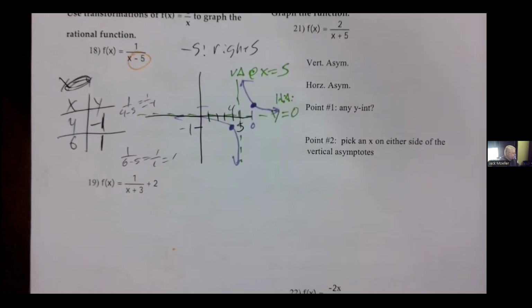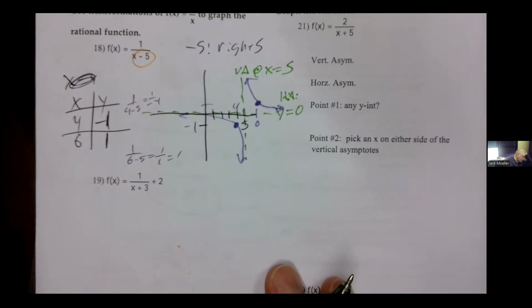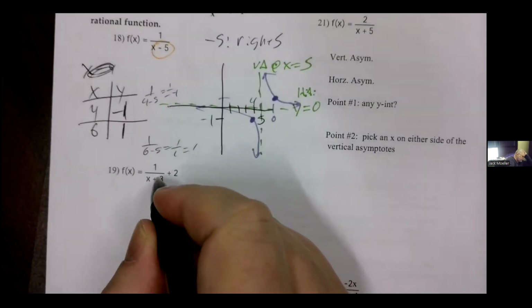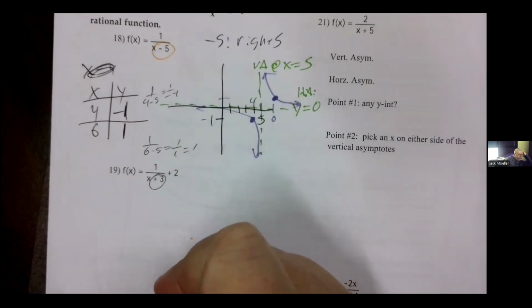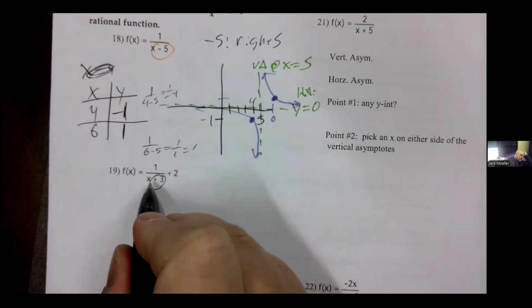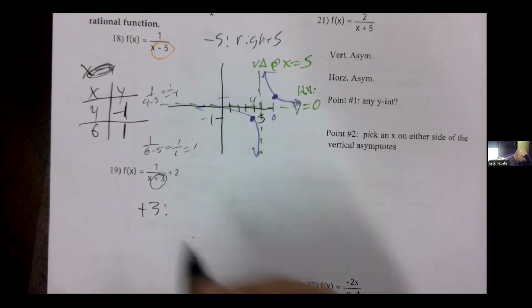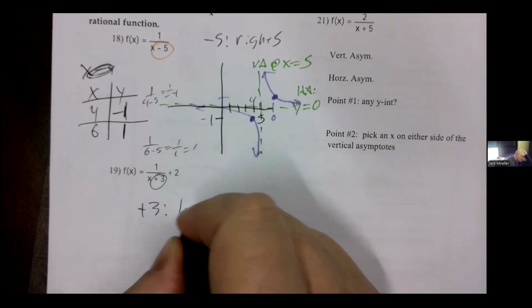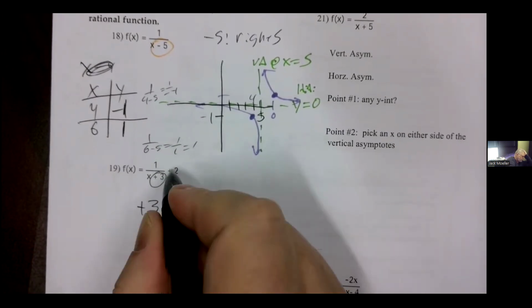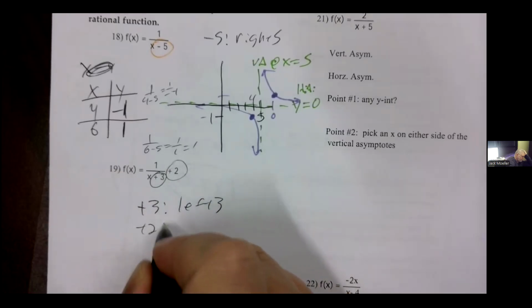All right. Let's do a couple more of these. So what does that +3 do to the graph? Well, it's with the fraction, and so that's going to be horizontal. The +3 moves it backwards, left 3. What does the +2 do?